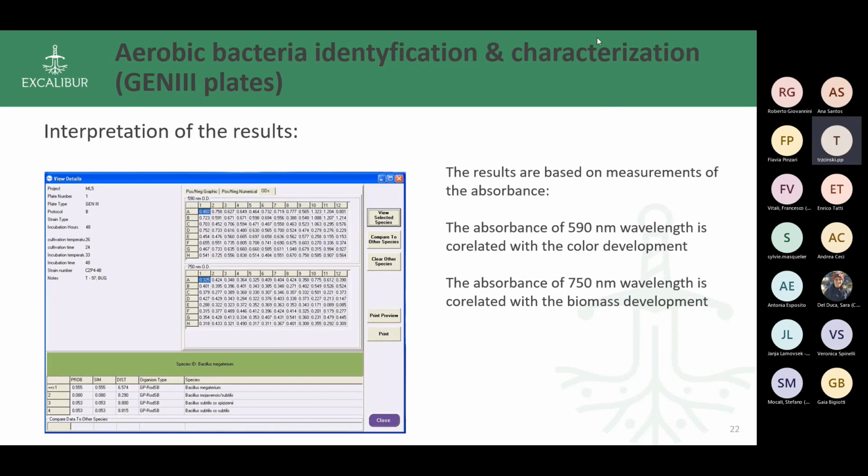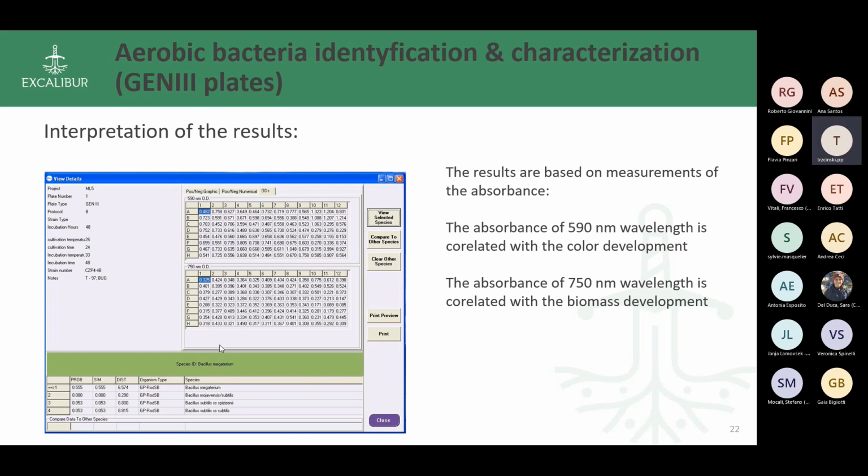I told you that on the result screen you can obtain some information from the microreader. So you have information from 2 wavelengths. The first, the wavelength of 590 nanometers, is correlated with the color development and could be connected with the metabolism, so how strongly the microbe or microbe community metabolizes the carbon sources.